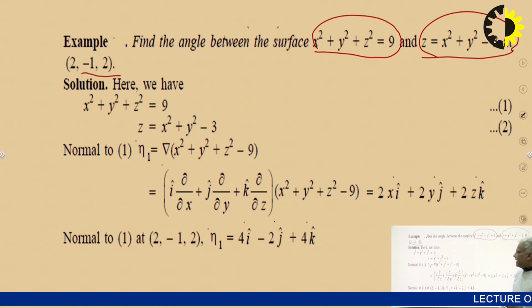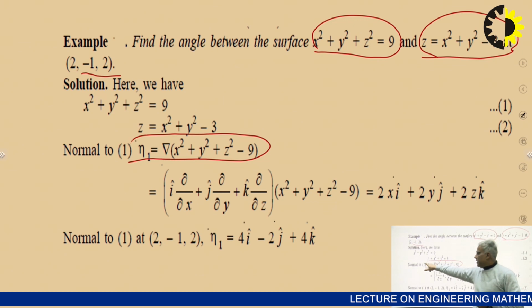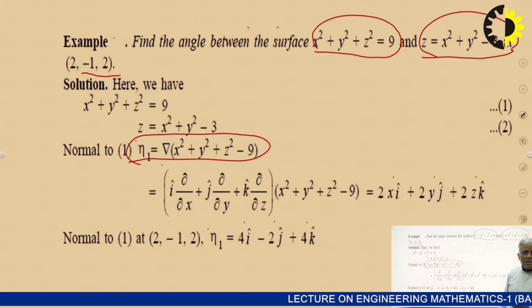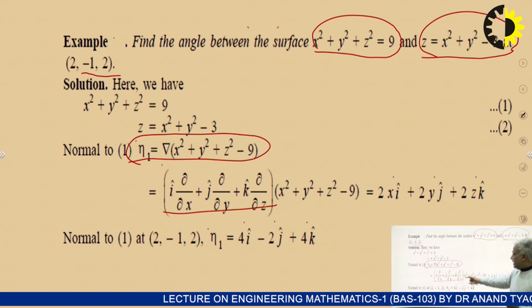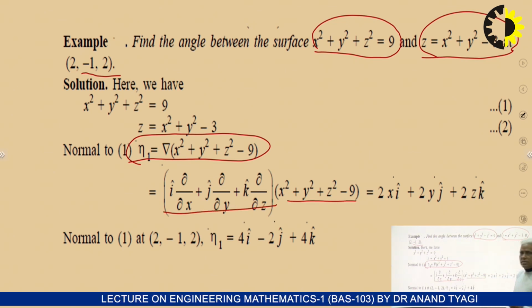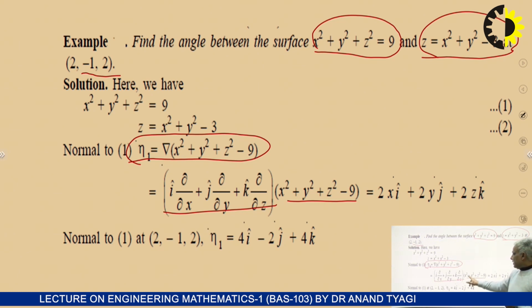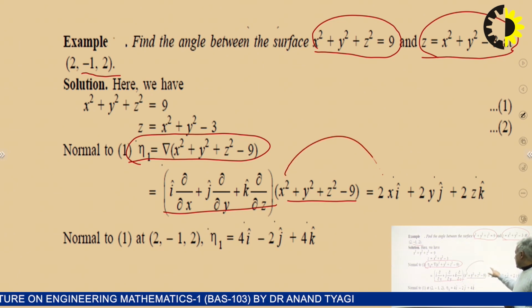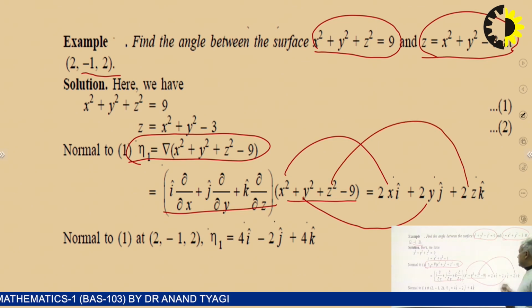So first of all, the first surface is denoted by eta 1 and we calculate the gradient of this function with the help of the differential operator del, putting in the value of eta 1. The differentiation of x square is 2x, of y square is 2y, and of z square is 2z.